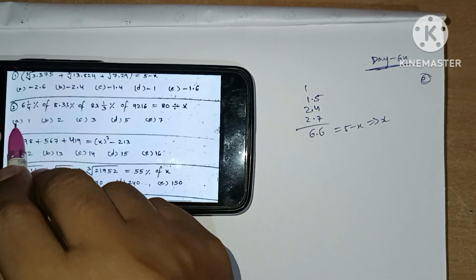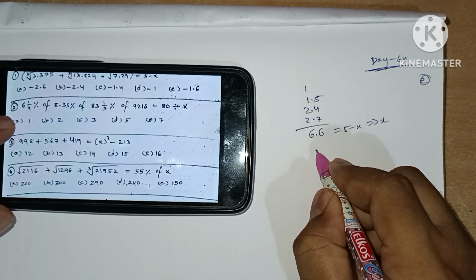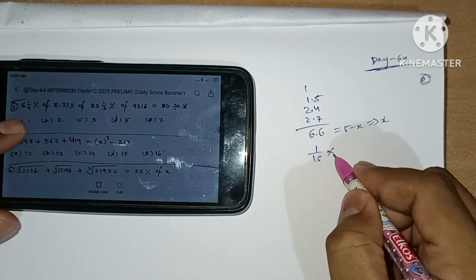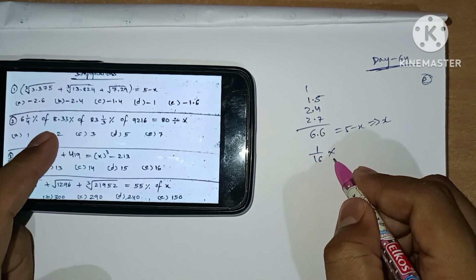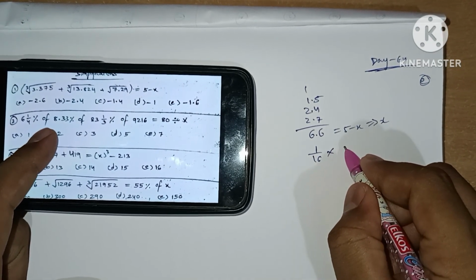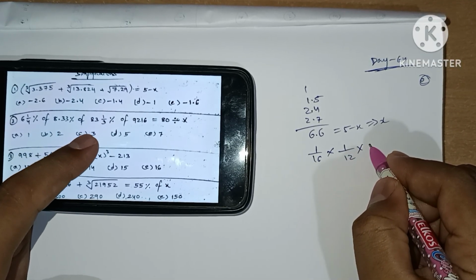Next, 6 1/4 percentage means 6.25 percentage. 6.25 percentage means 1/16 of, so 8.33 means 1/12 of 83 1/3.